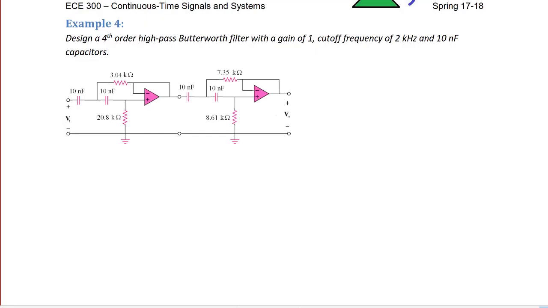Example 4, design a fourth order high pass Butterworth filter with a gain of 1, cutoff frequency of 2 kilohertz, and 10 nanofarad capacitors. The prototype for this filter will be 2 second order high pass filters cascaded together.